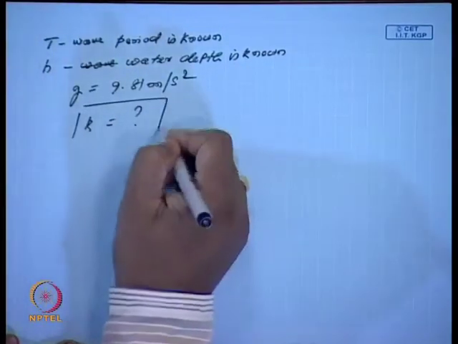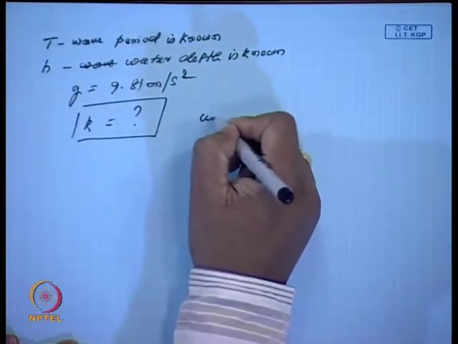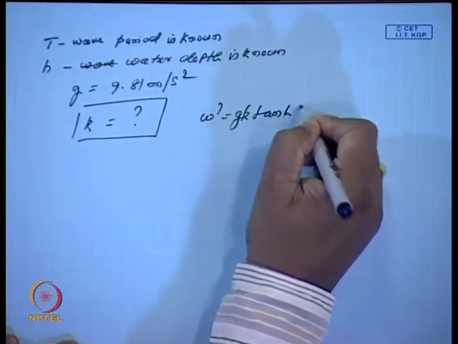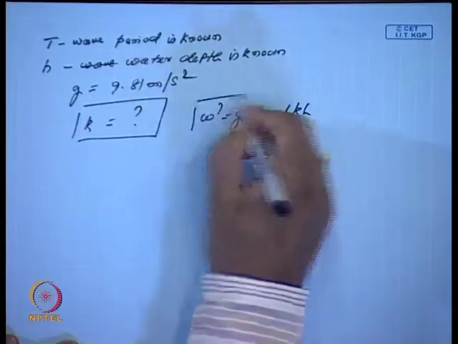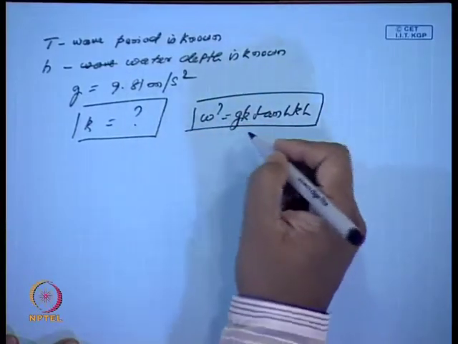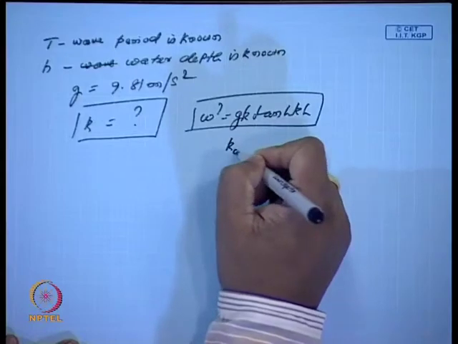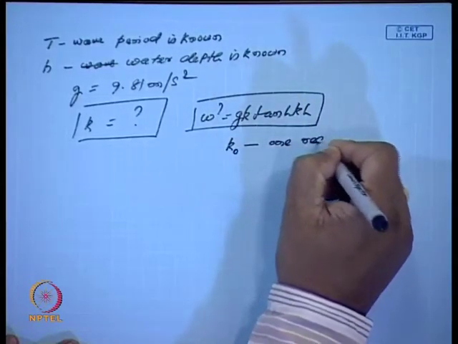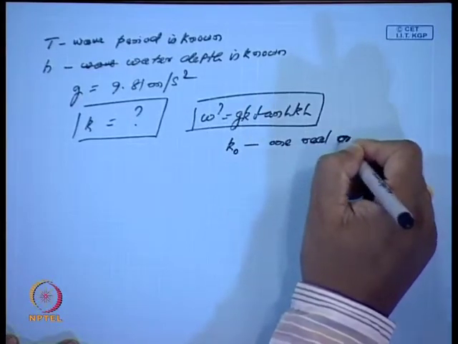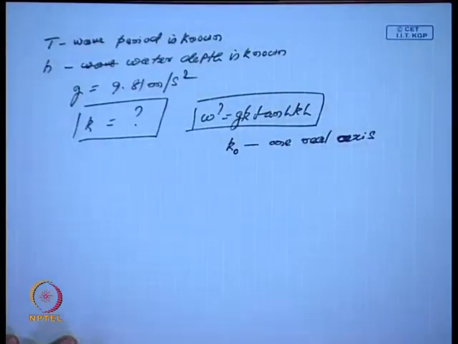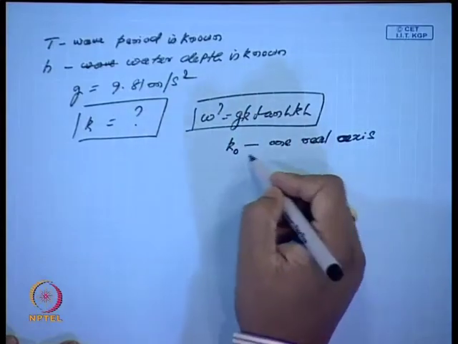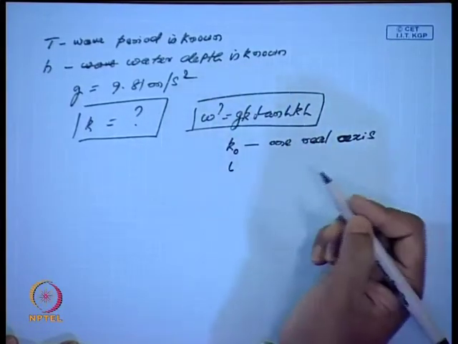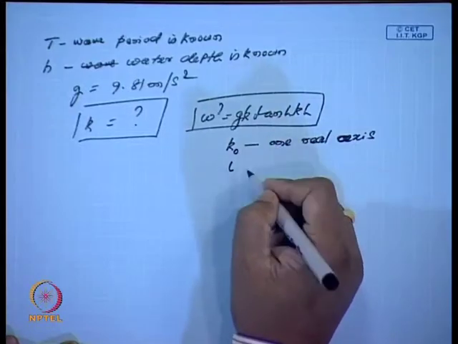So, we have already seen that omega square is equal to g k tanh k h. We have worked out several problems showing that this has one real root in the positive real axis. That gives us the corresponding wave number.